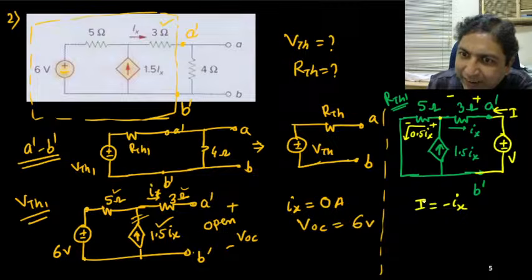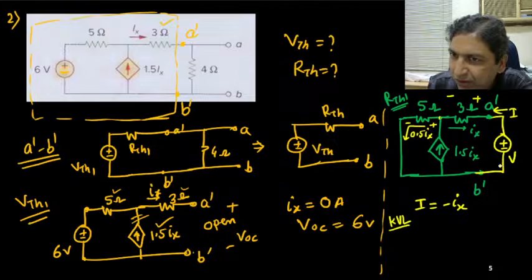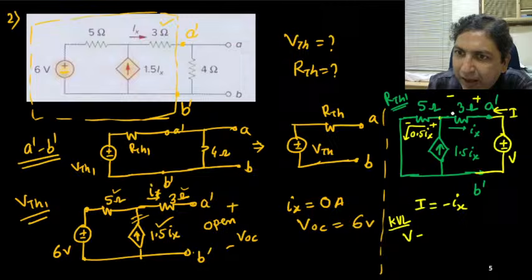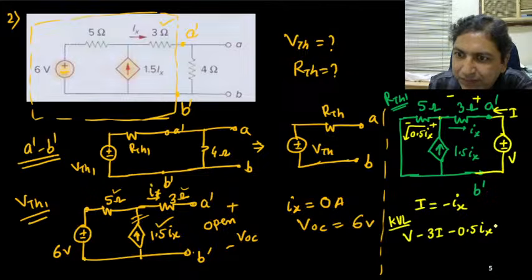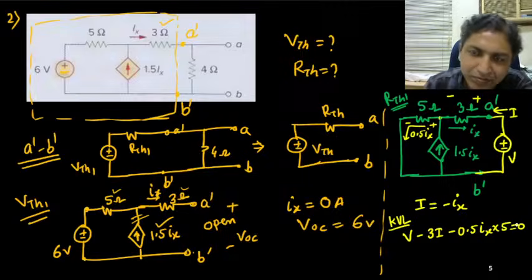So total supply voltage is V. Now if I take KVL, Kirchhoff's voltage law, supply voltage V minus the drop across the 3 ohm resistance, 3 times I, because this is plus, this is minus, again this is plus, this is minus, minus 0.5 Ix times 5, the resistance, equals 0.